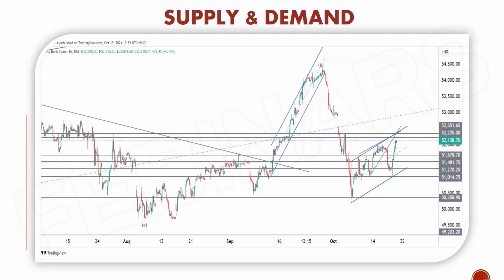So this is the area where the bear flag, a bearish pattern, was formed, and below the pattern we have seen the move on the downside. Once the bear pattern is formed, that's how one needs to understand the pattern and act accordingly.